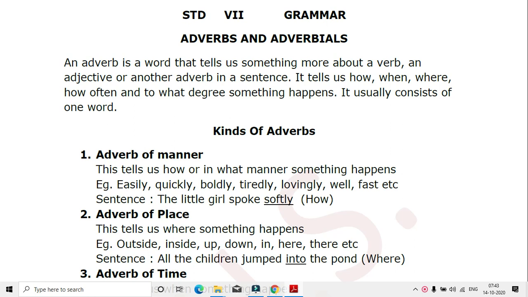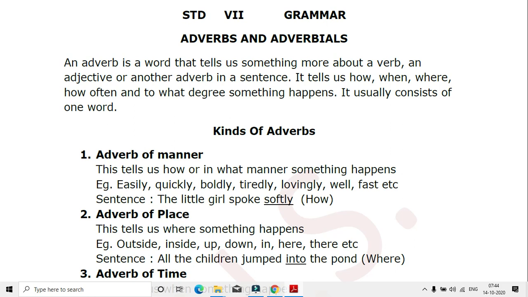But now you see, it's not just describing a verb, it's also describing an adjective and another adverb. Okay, so remember this, I'm repeating it again. An adverb describes or tells you more about not only a verb but an adjective as well as another adverb.